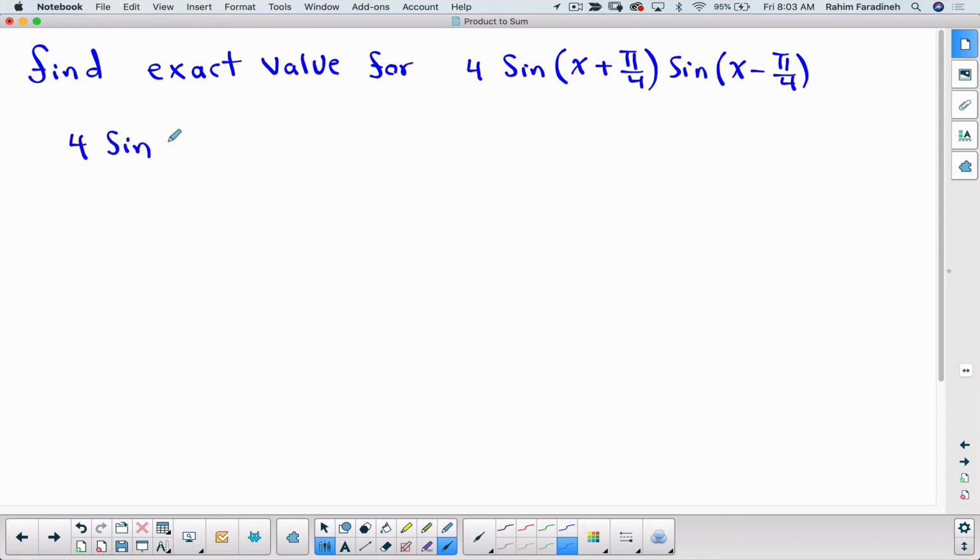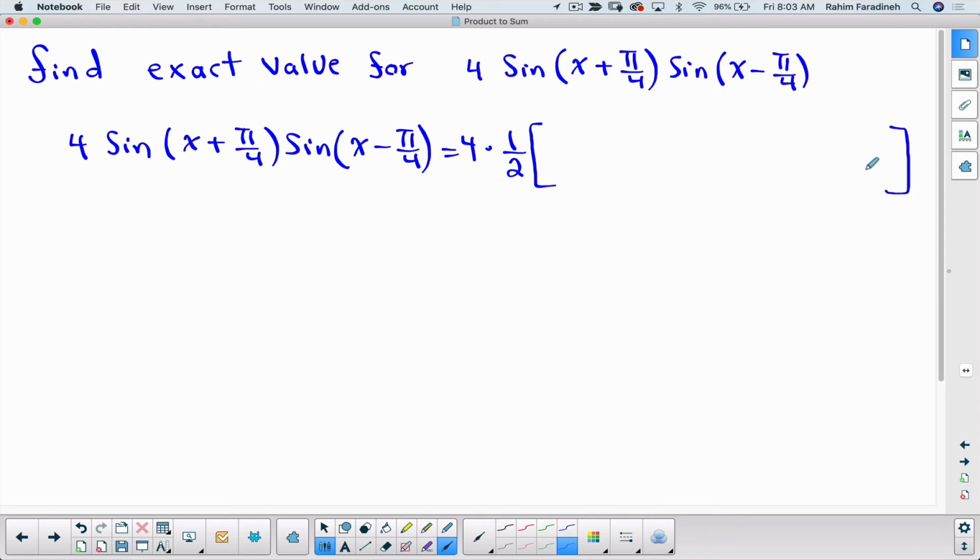So here we have to use the formula that has sine times sine. The formula for sine times sine is 1/2 times cosine of the difference minus cosine of the sum.